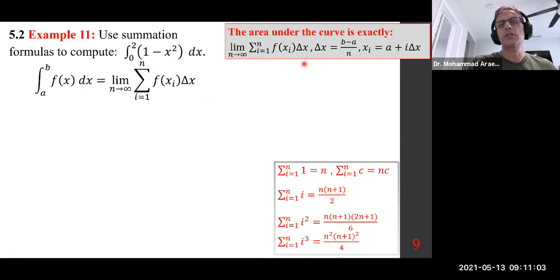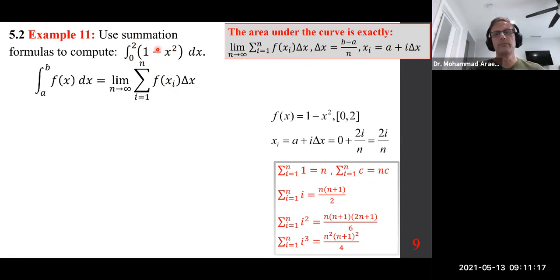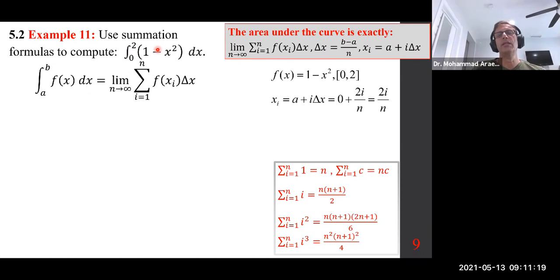First, we notice delta x is b minus a over n, x of I is a plus I delta x. And we notice that a is 0, b is 2, and f of x is 1 minus x squared. So with that being the case, delta x is b minus a, or 2 over n, and a plus I delta x, with a being 0, is 2I over n.